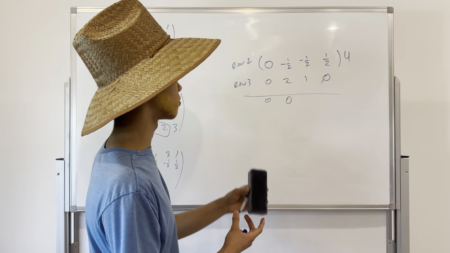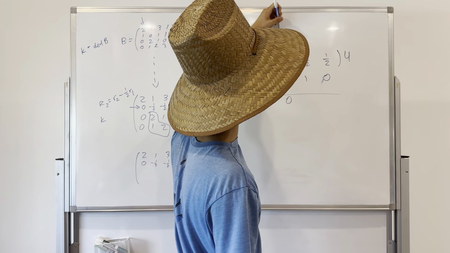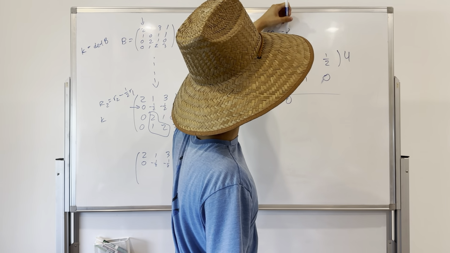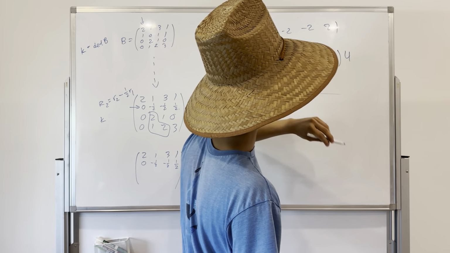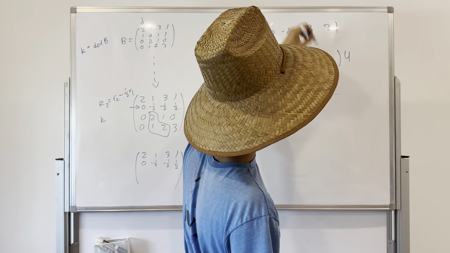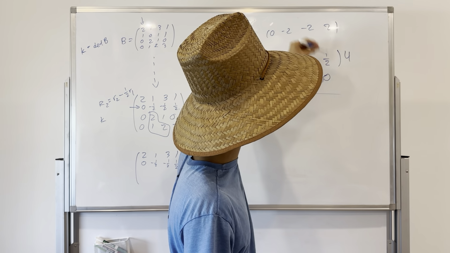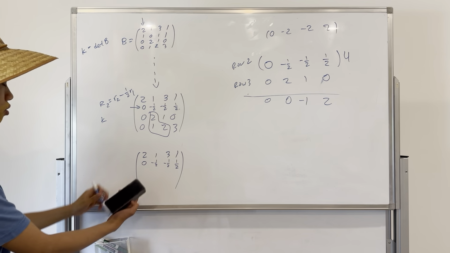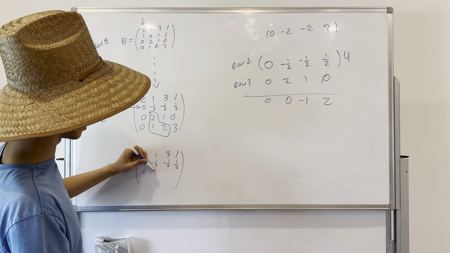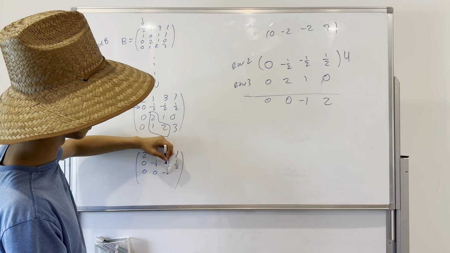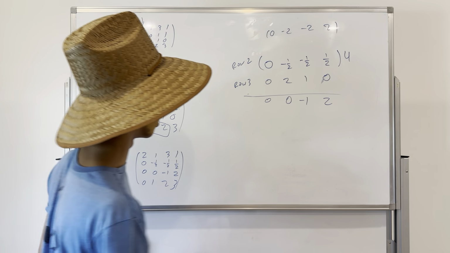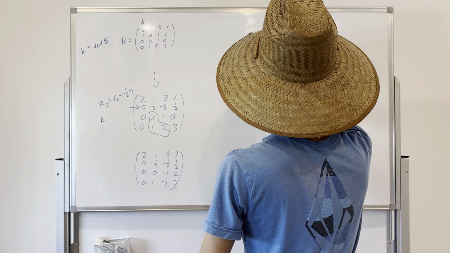So this would be 0, negative 2, negative 2, 2. If you add negative 2 to 1, that would be negative 1. Positive 2 added to 0 is 2. So row 3 gets reduced down to 0, 0, negative 1, 2. And then you can keep row 4 the same.